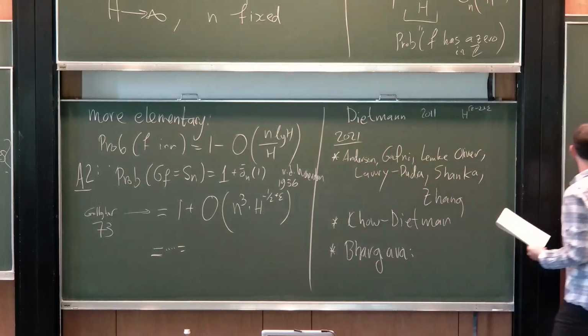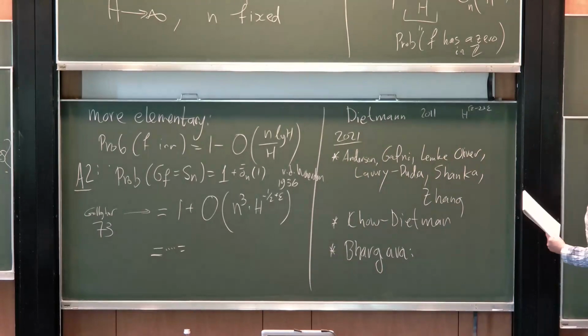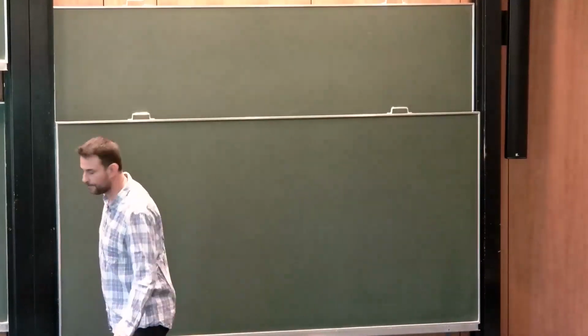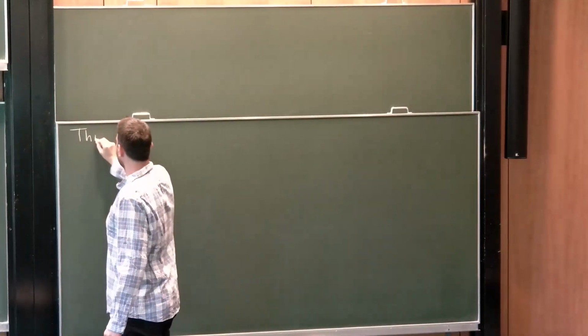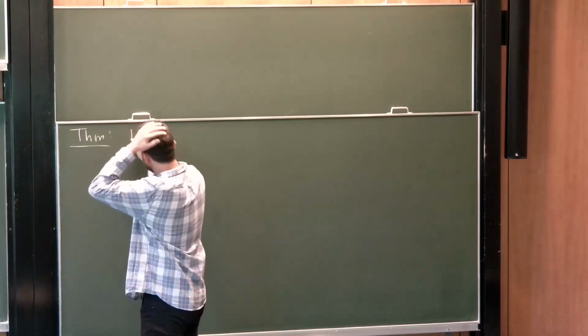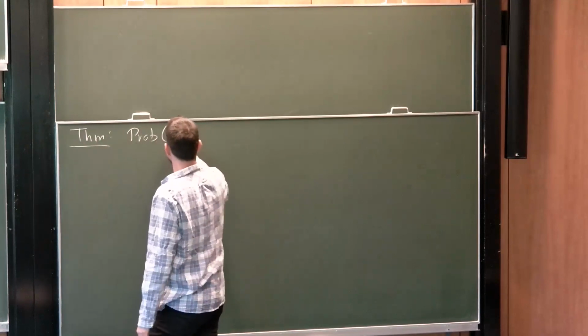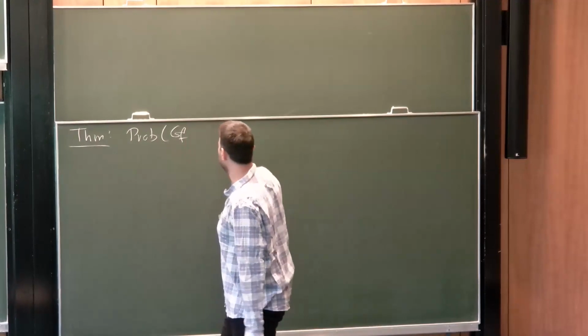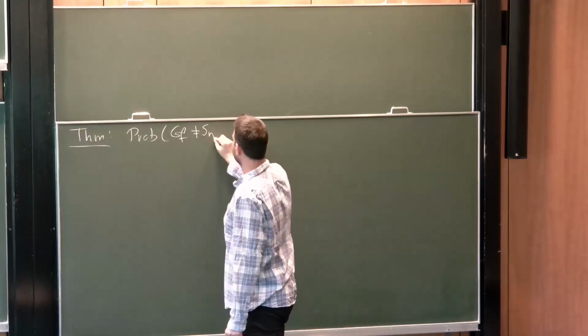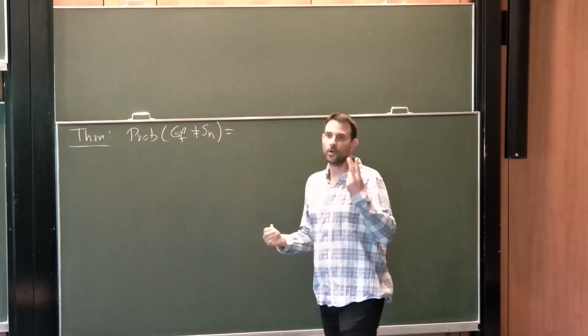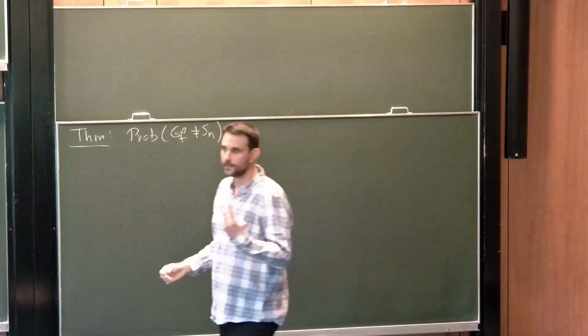So what is the last result? It says that the probability that G_F is not S_n comes from only two options.